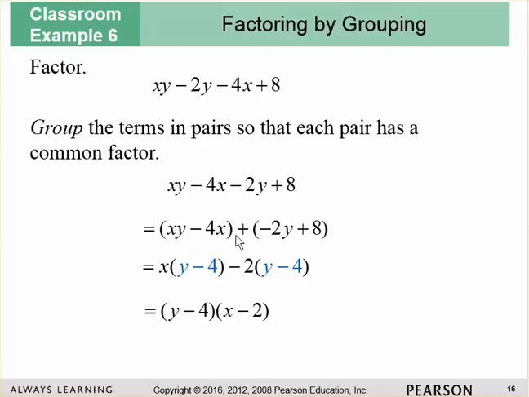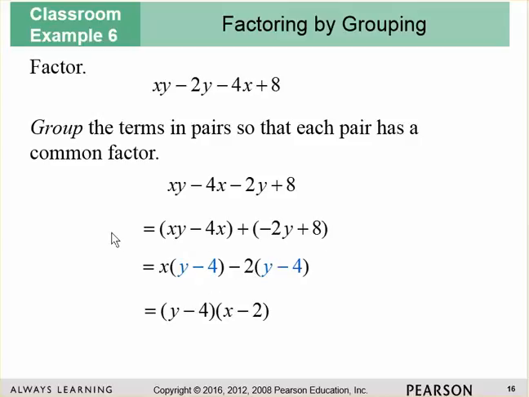So the first step we're going to do is we're going to group those two things. Put parentheses around the first two terms, put parentheses around the second two terms, and notice that they chose to factor out a negative 2. This is pretty clear. We're taking out the x. Now, I actually wouldn't have done it this way, but let's go with the way they did it.